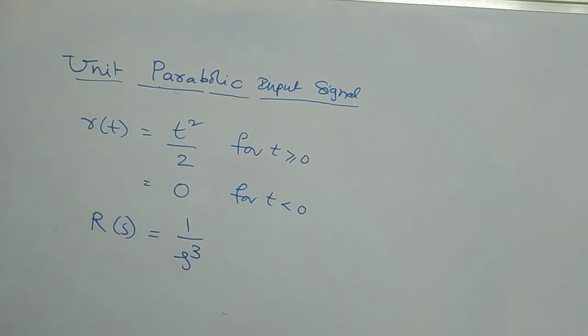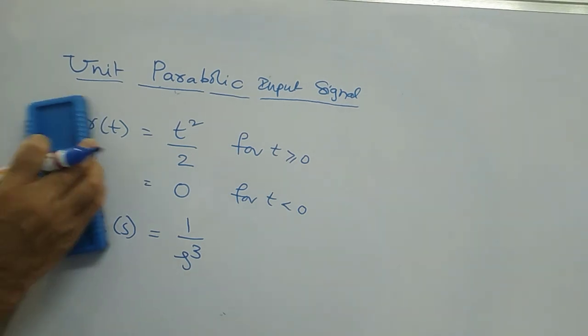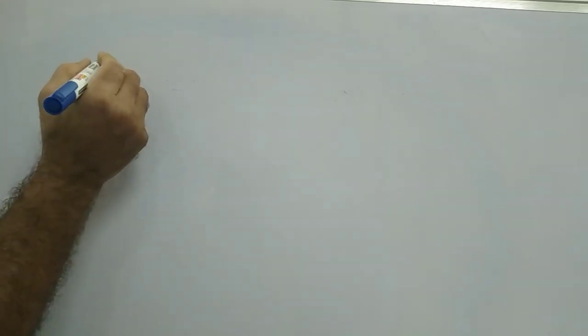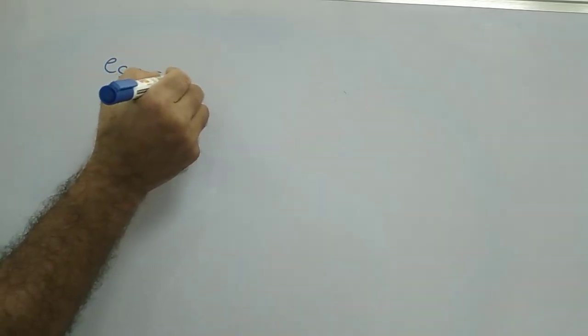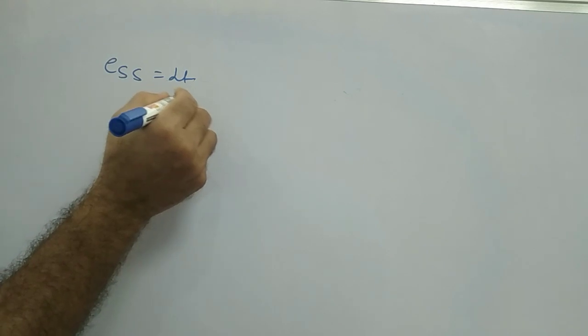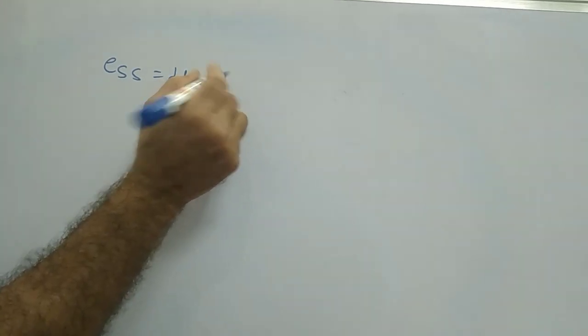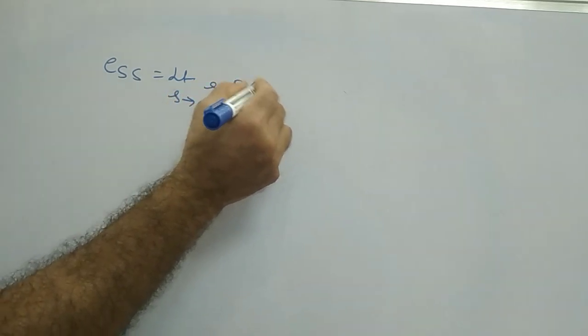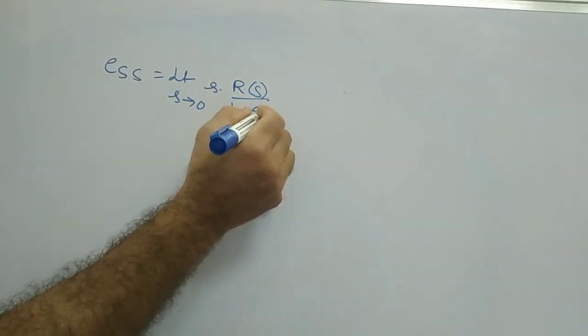Now if you substitute this 1 by s cube in the steady state error formula, what will you get? It is simple. The steady state error ESS is equal to limit s tends to 0 of s into R of s by 1 plus G of s into H of s.